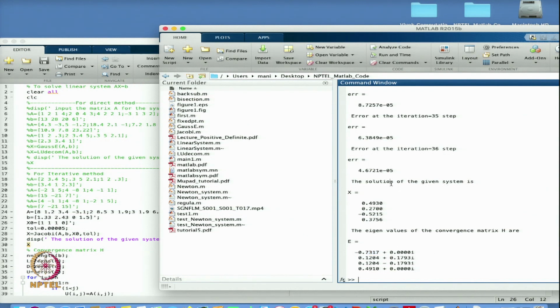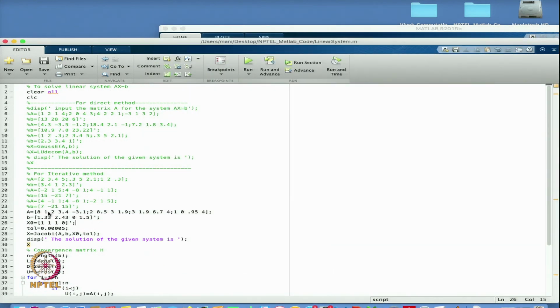So because the system is convergent, it is necessary that the largest eigenvalue will be less than 1. So from here I can say that the necessary condition is well satisfied for the Gauss-Jacobi method and my Gauss-Jacobi method is convergent for this matrix. If you see, the matrix I have made is diagonally dominant and that is why the Gauss-Jacobi method has to converge, because this is the sufficient condition for this one.